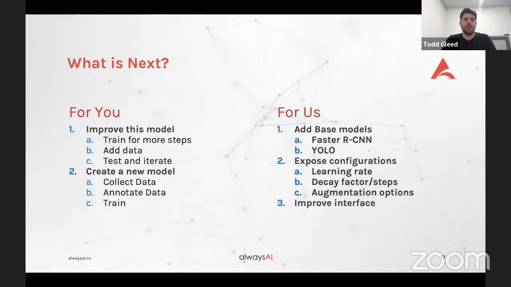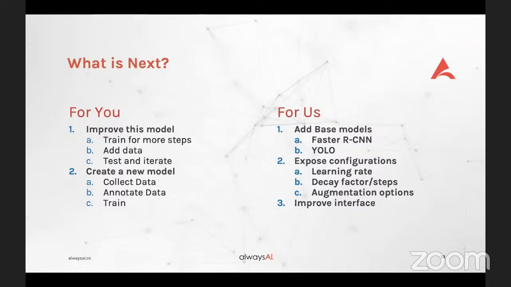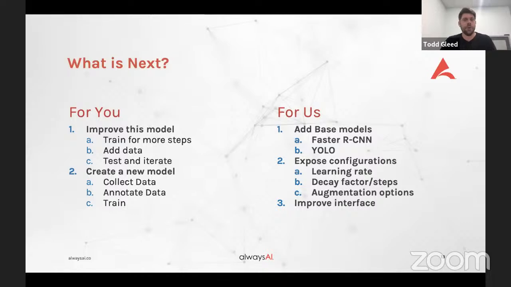So we're looking at exposing those, and then improving the interface. We think the graphical interface is the way forward, and Jupyter notebooks aren't really the best medium for that. So coming down the pipeline are more modern interface techniques.